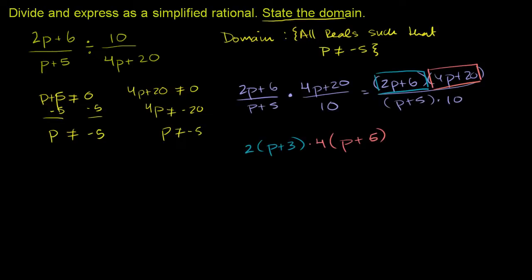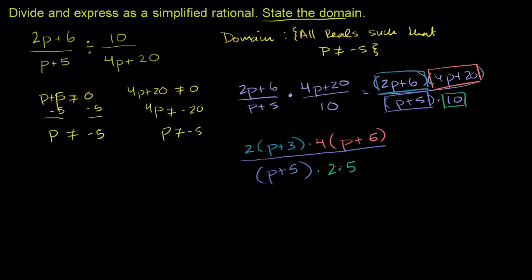And then we have our p plus 5 down there in the denominator. And even 10, we can factor that further into its prime factorization, into 2 times 5. That's the same thing as 10.